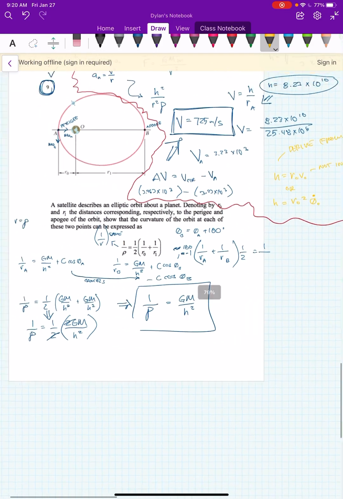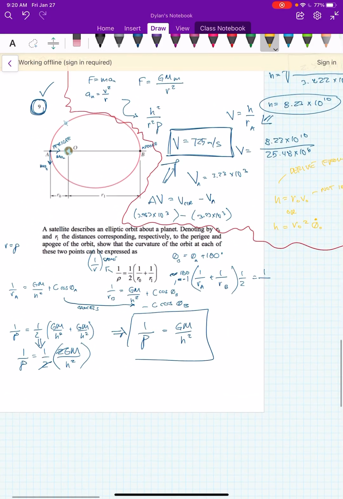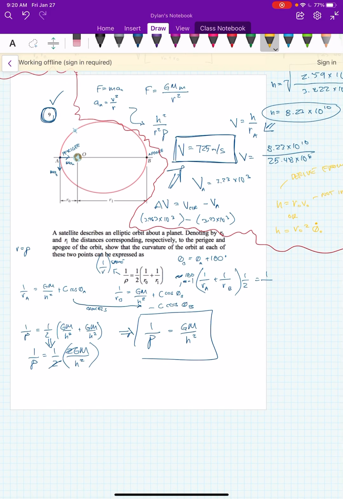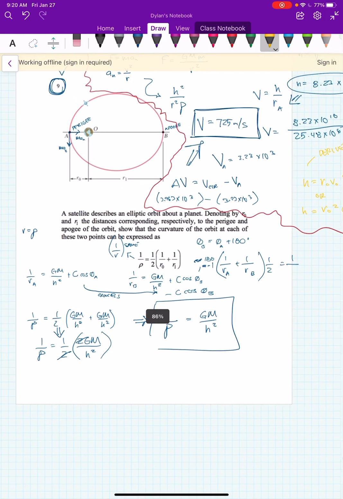Okay, that's number 8. Took me 5 hours. Number 9. So again, I know that at the perigee or apogee of this orbit, I have the relationship 1 over r subscript equals GM over h squared plus c cosine theta A. Since they are inverse to each other, 180 degrees at point B would just cancel out with A. So that's gone.